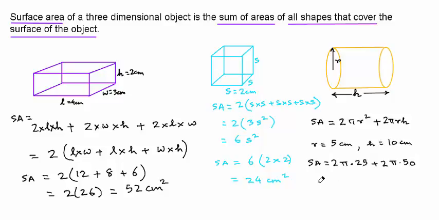That is equal to 50 pi, 2 times 25 is 50, plus 2 times 50 is 100 pi, which is equal to 150 pi square centimeters.